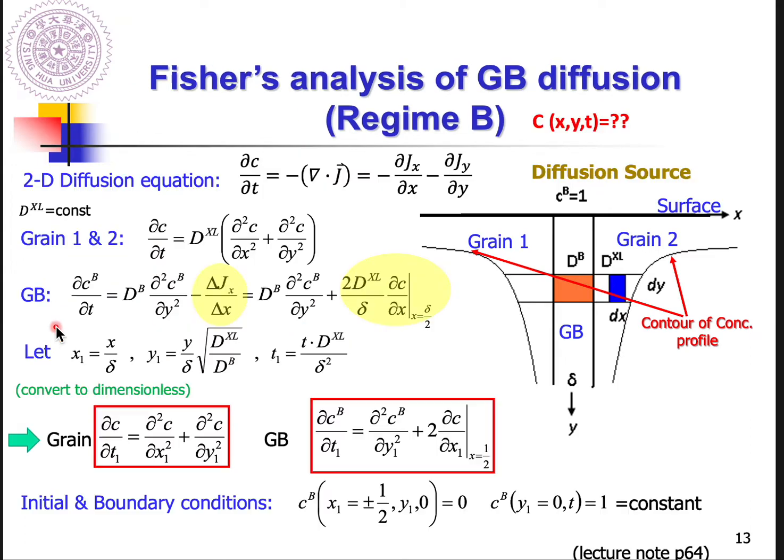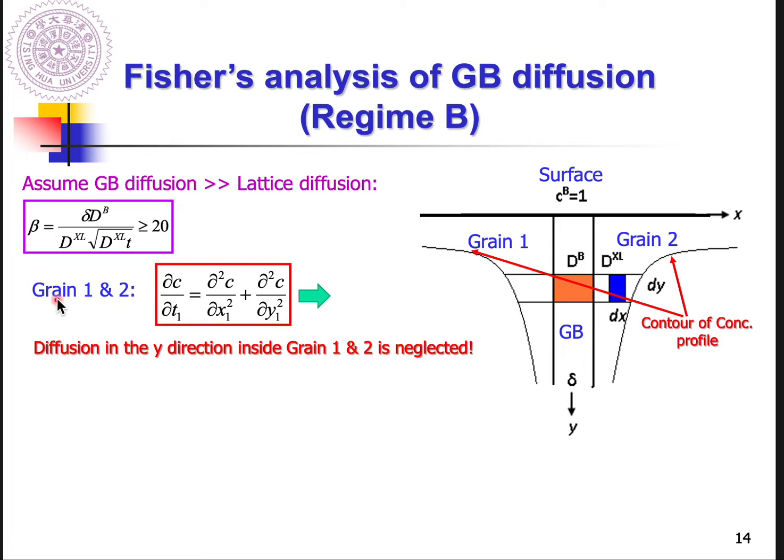So first of all, we need to deal with the diffusion equation inside the grain. So inside the grain, we just copy the two-dimensional diffusion equation. In order to simplify this two-dimensional diffusion equation, you can think about one thing. If we are interested in the concentration at this location inside the grain, as you know, the GB diffusion along the grain boundary is much faster than that in the lattice inside the grain.